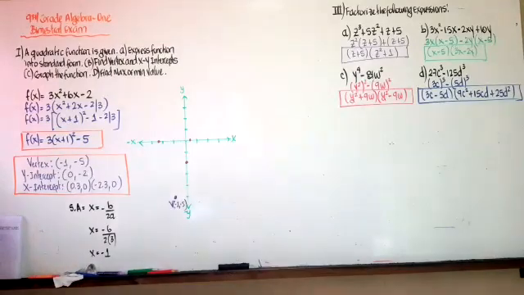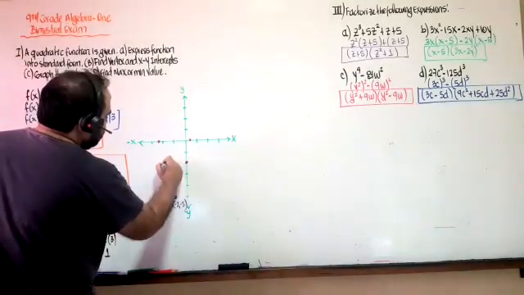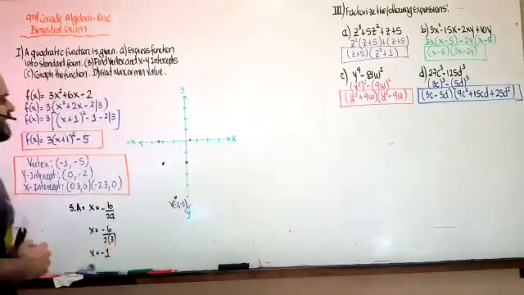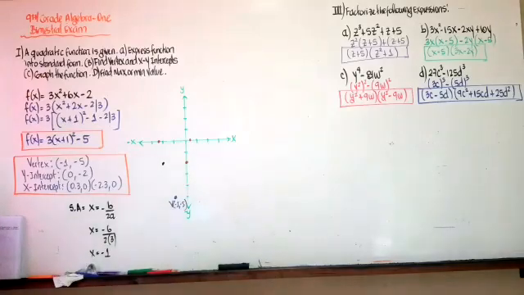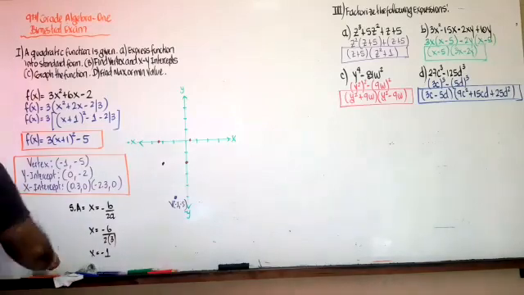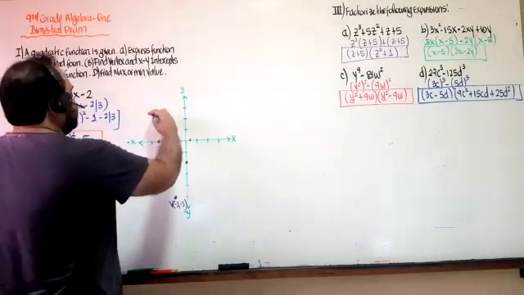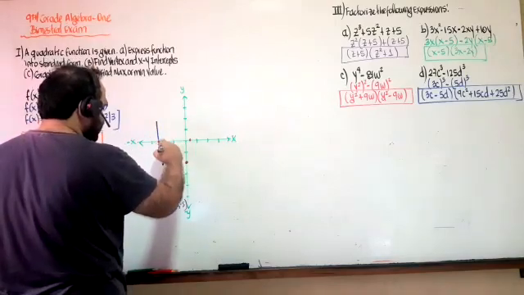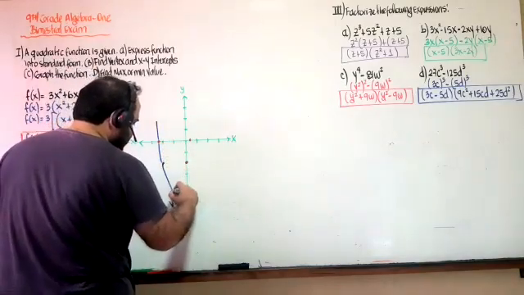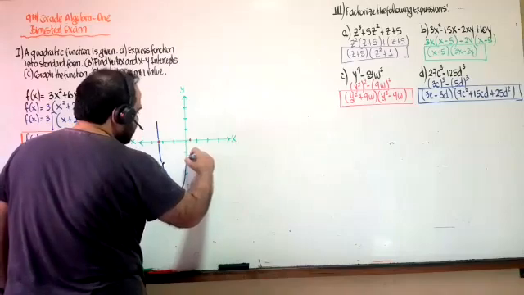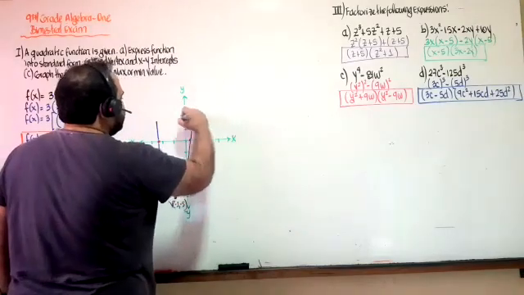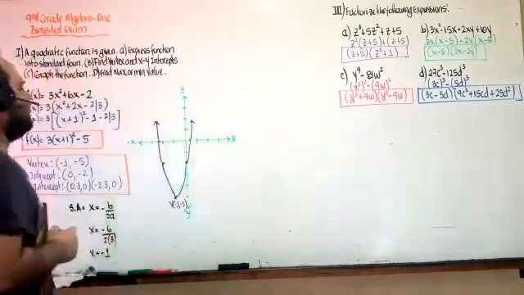For that reason, this black point represents the symmetric axis, given by (-2, -2). And because we know these points, we can perfectly sketch the graph. All right, and we have this beautiful parabola.